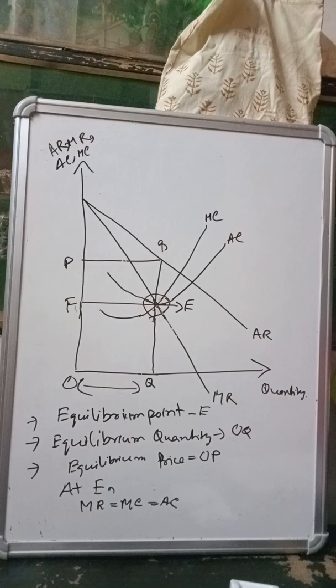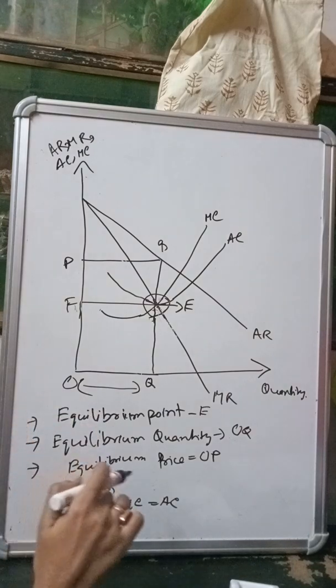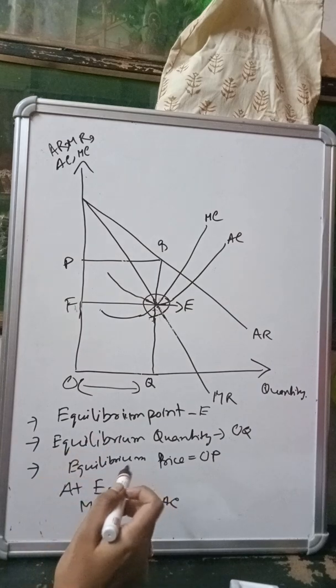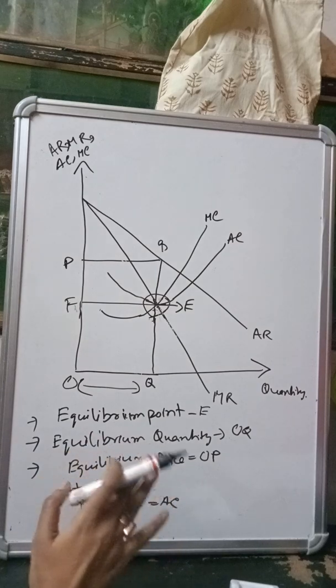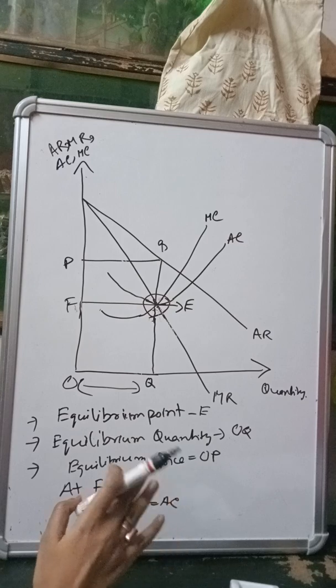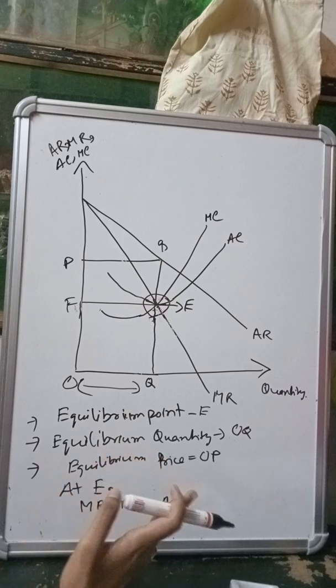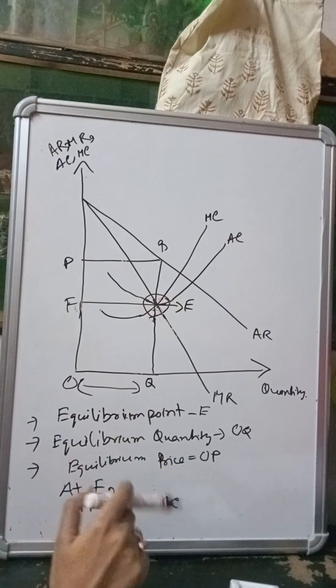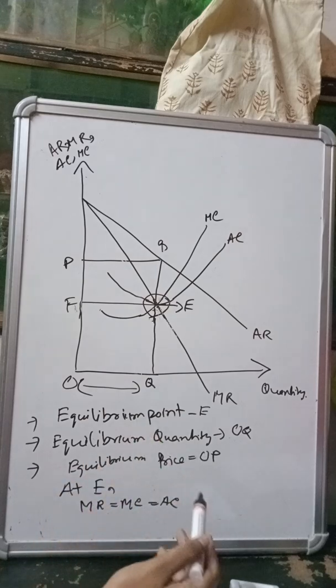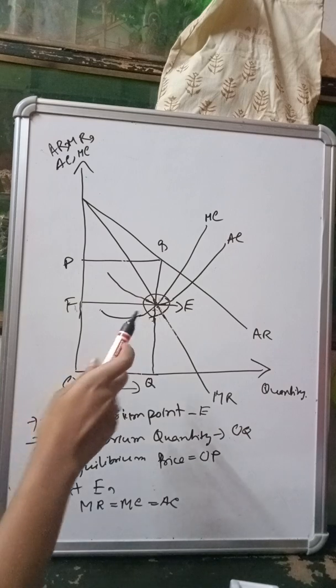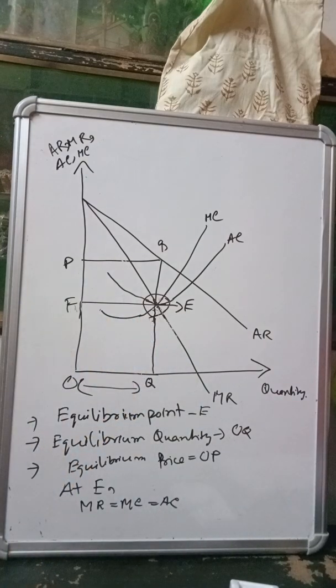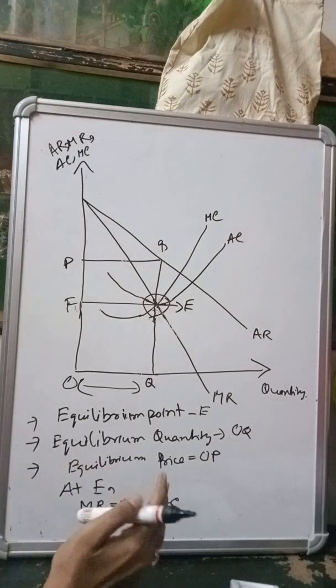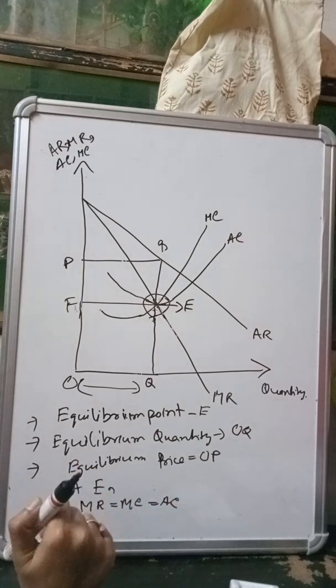Now in a perfectly competitive market, when a firm operates at the lowest point of the average cost, it gets normal profit. We have seen this already, that in the long run, when a perfectly competitive market operates at the minimum point of the AC curve, it generally earns a normal profit.